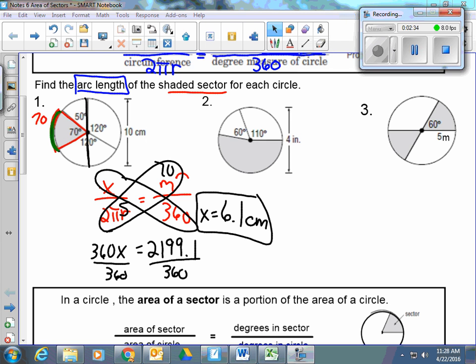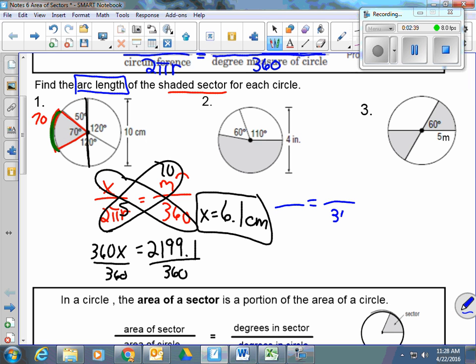All right, so let's take a look at number 2. Okay, did you set up your formula and you put 360 down here? You put 2 pi r right here. Measure the arc and your x. How big is your radius? 2. And what's the measure of your arc? Remember, I want this one, don't I?